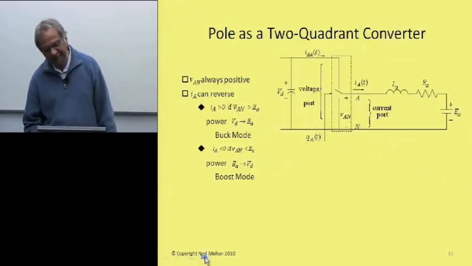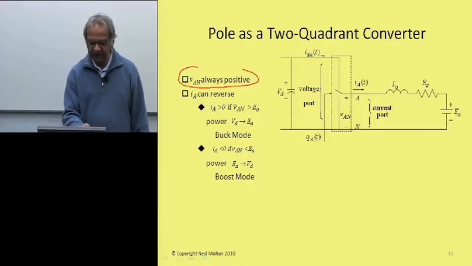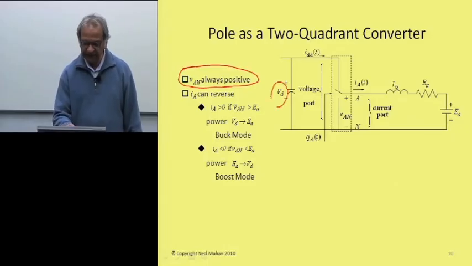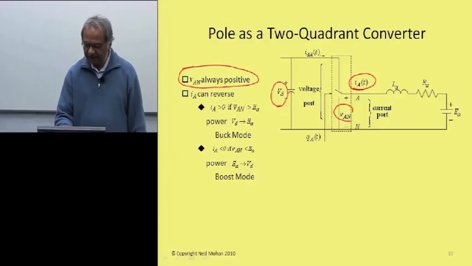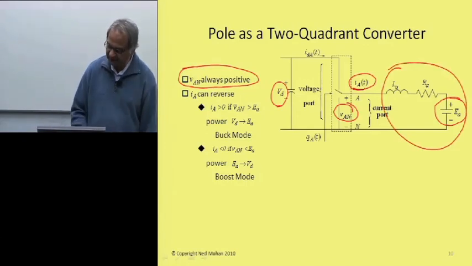So what this is, again, is reiterated over here: in the switching power pole, this voltage VAN is positive, and of course this is of this polarity here, but this IA here can reverse. So if the average voltage you are producing here is greater than this, this is a circuit representation of a DC motor, for example, and we'll see it later on.